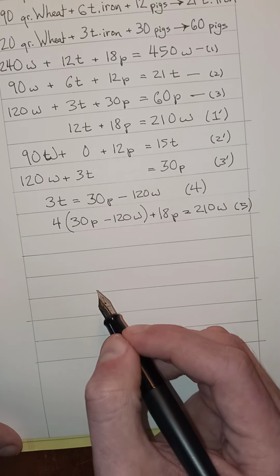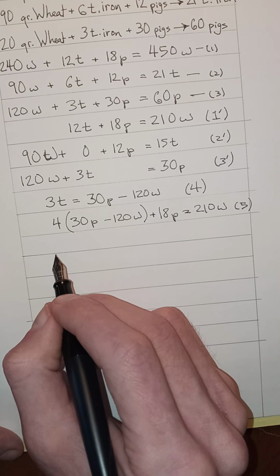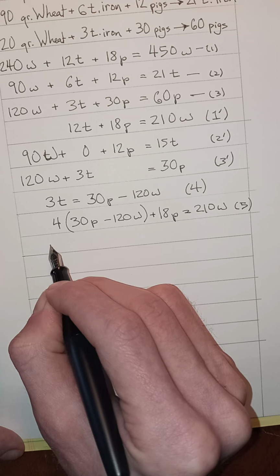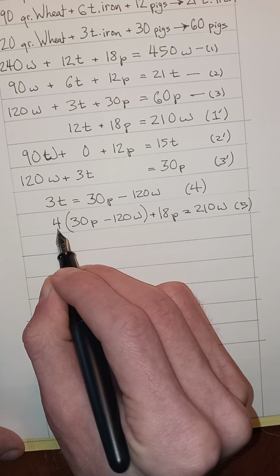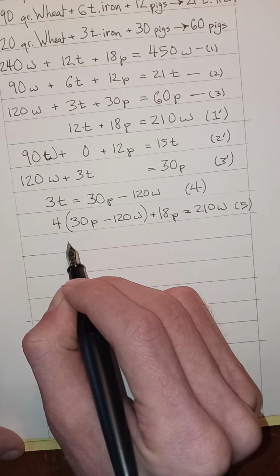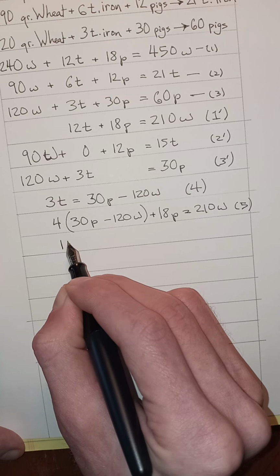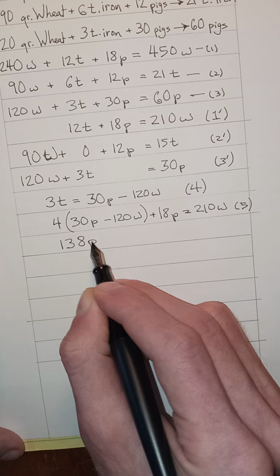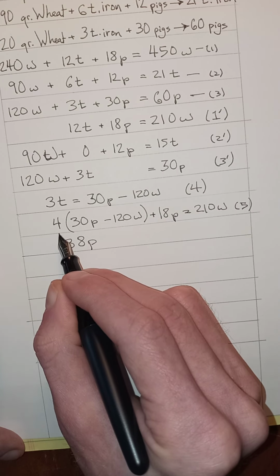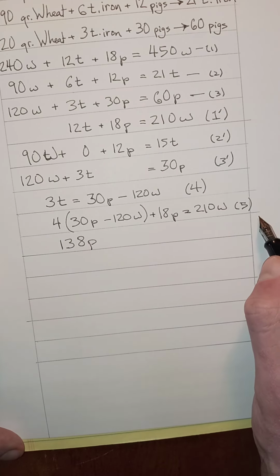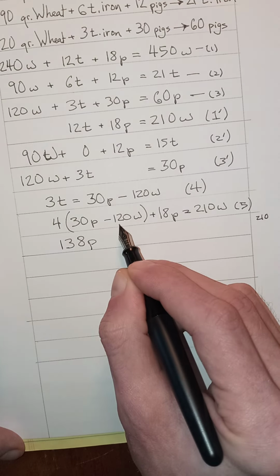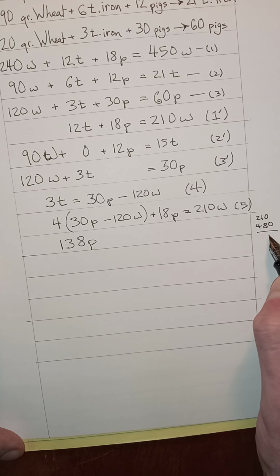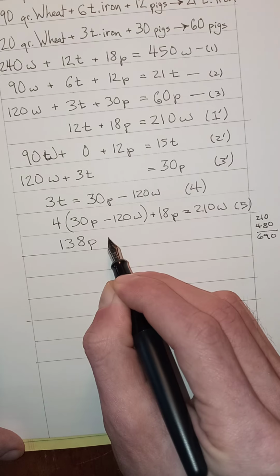So what now? We can actually multiply this out and we find, 4 times 30 is 120. 120 plus 18 is 138. The value of 138 pigs is equal to 210 plus 4 times 120, which is 480, which is 690.